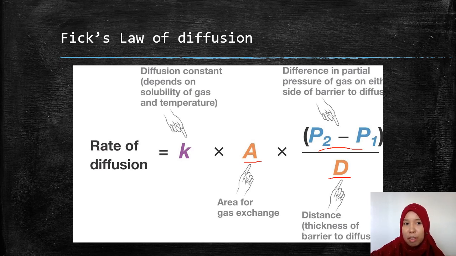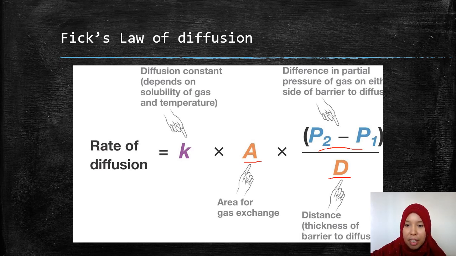Remember we talked about gas law, and we did say that if there's a higher concentration in an area compared to the other area, the gas will move from a higher concentration area to a lower concentration area. So the higher the difference in partial pressure of gas, the more the rate of diffusion, right? So an increased rate of diffusion.